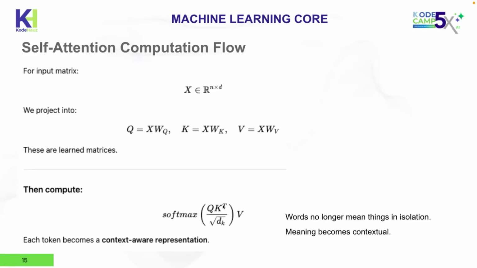You transpose K, you multiply dot products with Q, you scale it by dk, which is the depth of those vectors, and then you softmax it and multiply by V, right? So what this means effectively is that projection is like feature extraction.